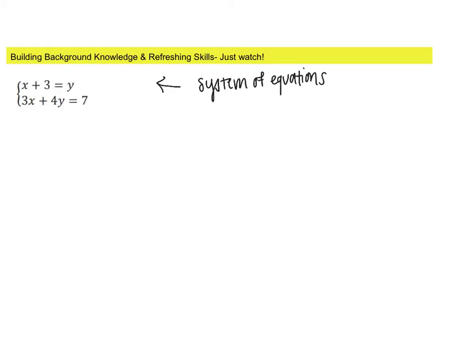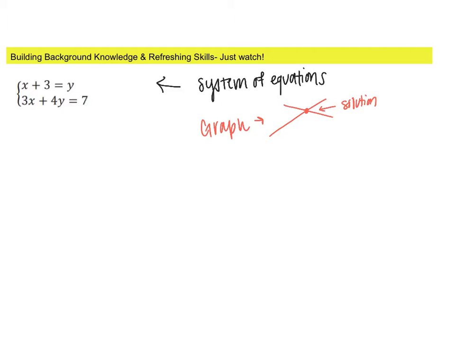To solve this system of equations, the solution is going to be wherever these lines cross, because these are linear equations, and you can tell because they have y's and x's, and there's no exponents, so that means these create a line on a graph. So if we were to graph these, that is one way to solve them. If you graph these and you find, hey, this line crosses this line right here, that point is going to be your solution.